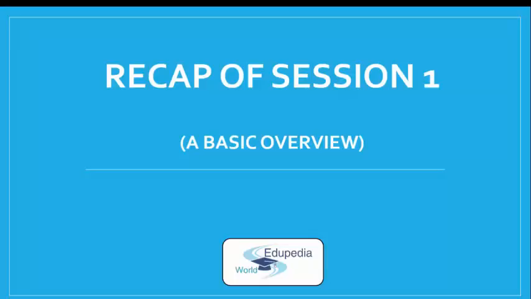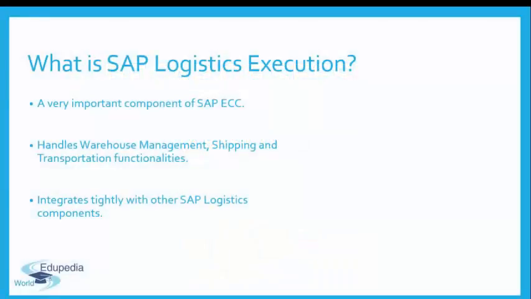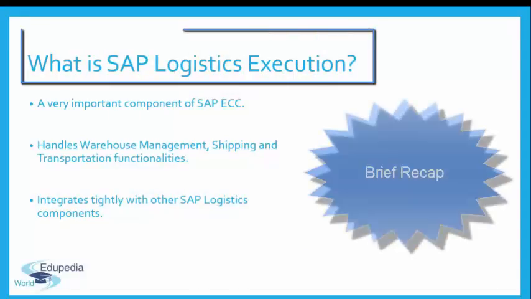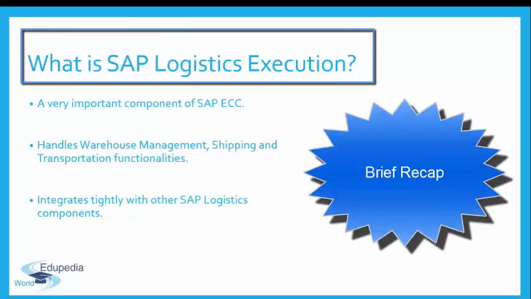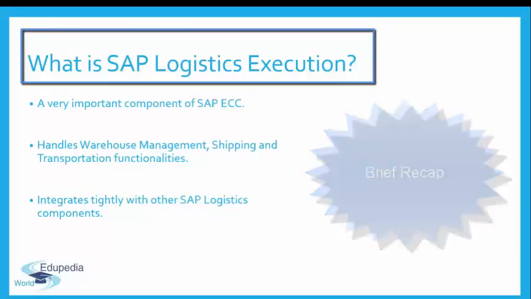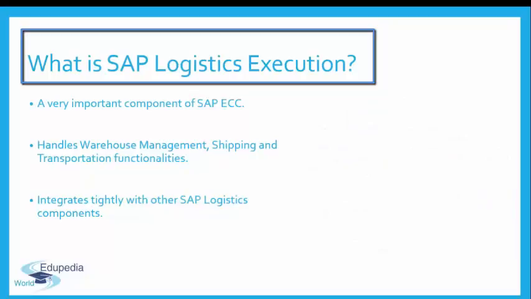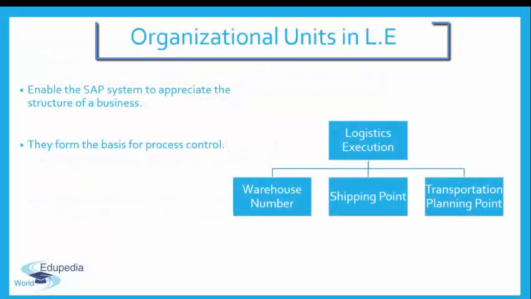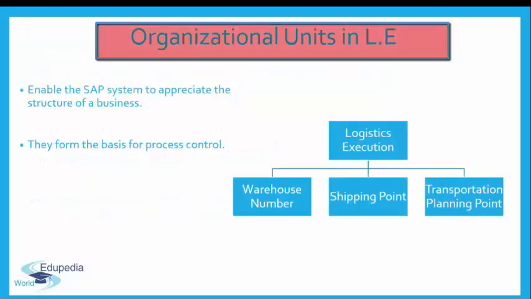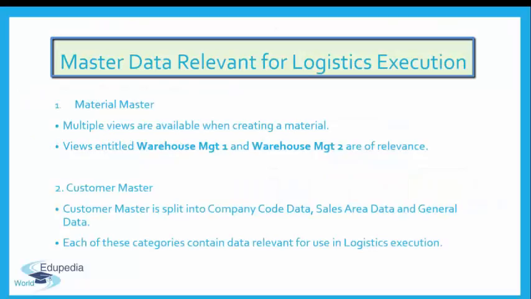So in the first video, we covered three very important facets of this course. Firstly, we looked at what exactly logistics execution is by definition. We also went on to look at the organizational units in logistics execution, and we also looked at the master data relevant to logistics execution.